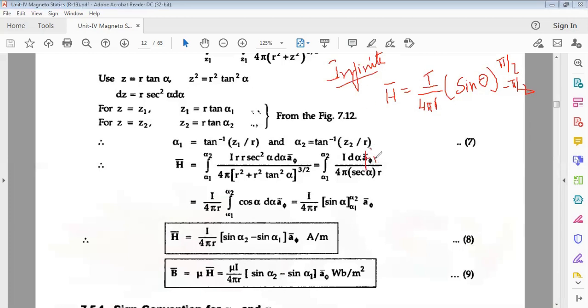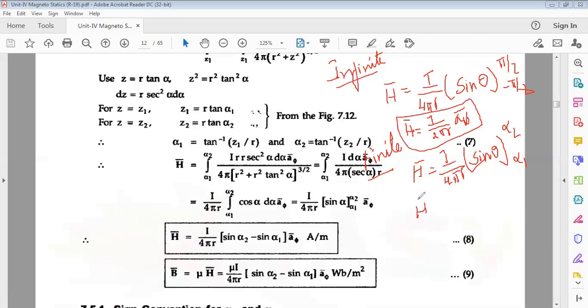For a finite conductor, H bar is the same thing, I by 4 pi R and sin theta, but the limits are alpha 1 and alpha 2. After the simplification for the infinite case, sin pi by 2 is 1, and sin of minus pi by 2 is minus 1, minus of minus is a plus, so we get 2 here. So H bar is equal to I by 2 pi R into a phi bar.